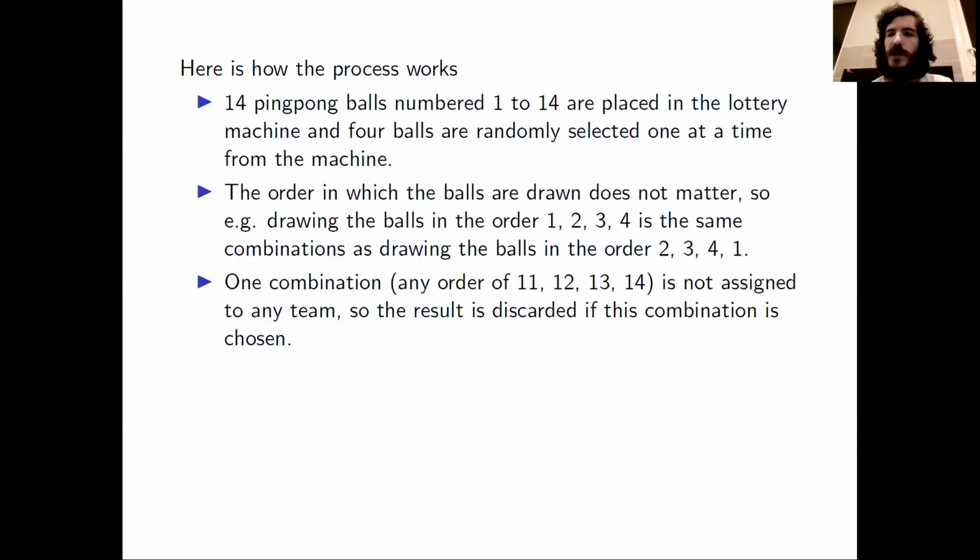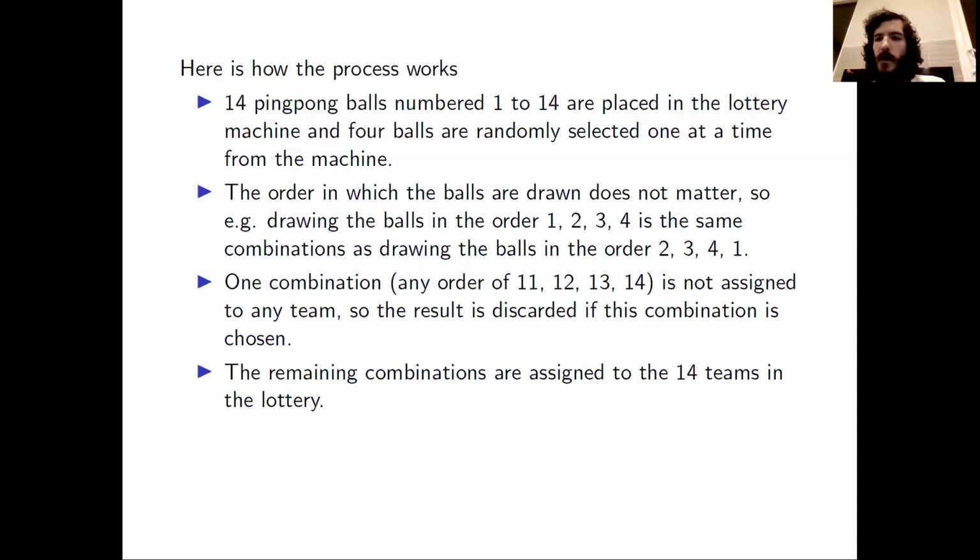There's one combination that doesn't get used. Any ordering of the numbers 11, 12, 13, 14 is discarded. The remaining combinations, besides that one, are assigned to the 14 teams in the NBA draft lottery.